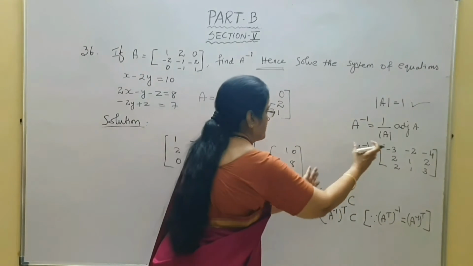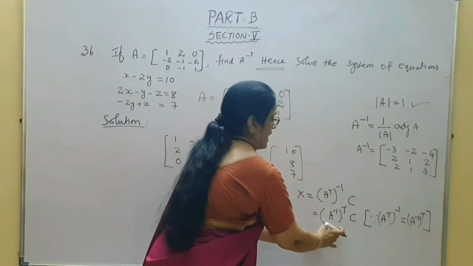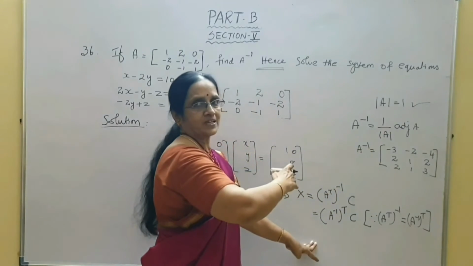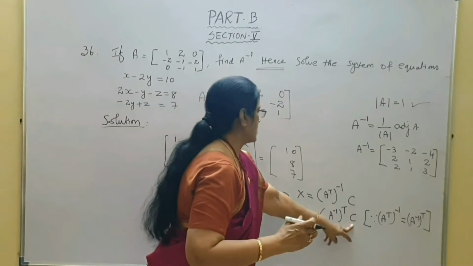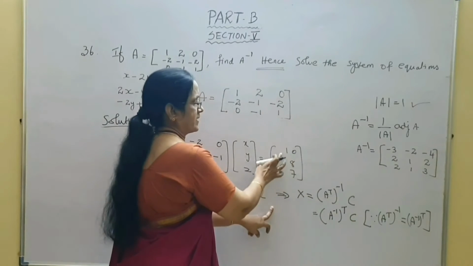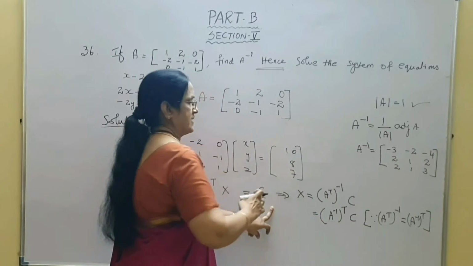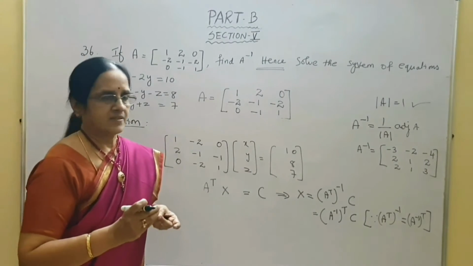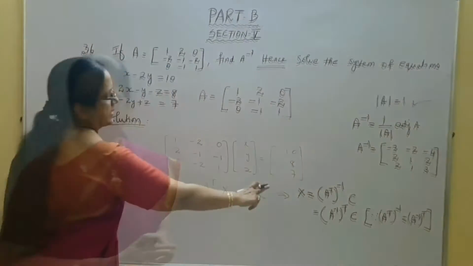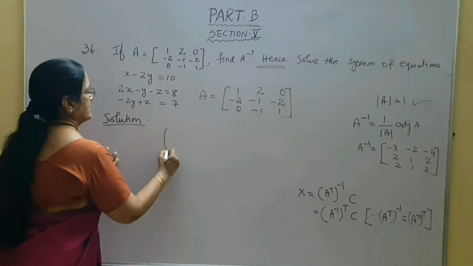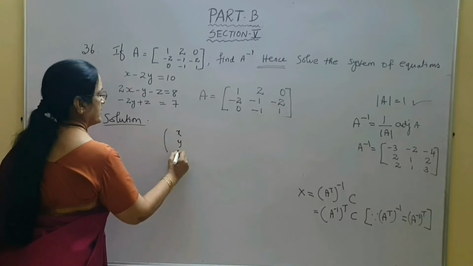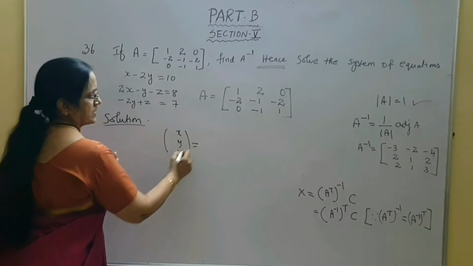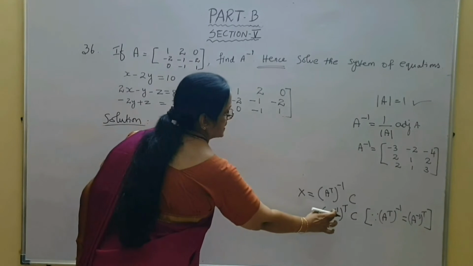So, let me substitute for A inverse and then I need to write the transpose of that matrix. Then C is also known to me, that is the column matrix 10, 8, 7. Then it is easy for me to find out the values of X, Y and Z. So, let us do it now. X, Y, Z is equal to A inverse.